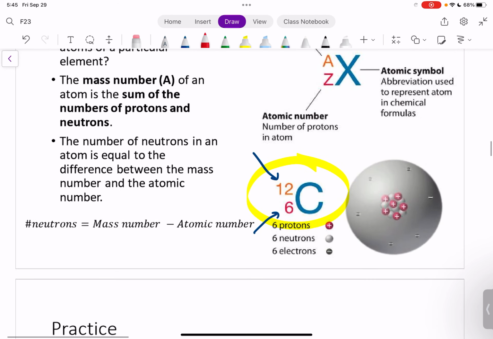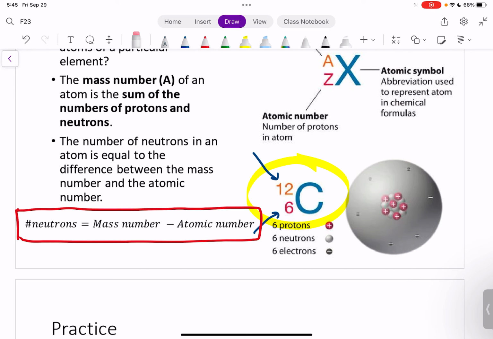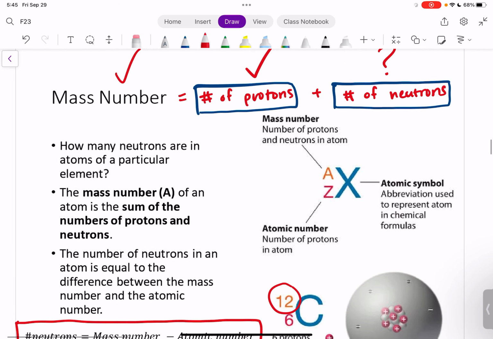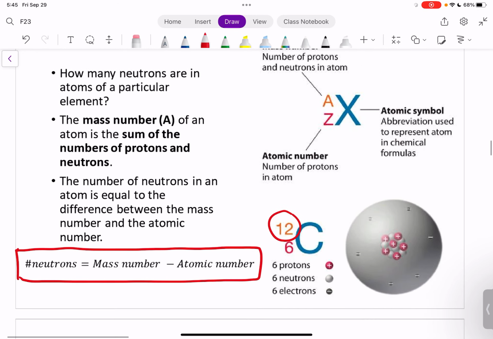So that's what I have here for you. I've rearranged that equation up above to show you how to solve for the number of neutrons. The idea is you're going to take the mass number, and if the mass number is the number of protons plus the number of neutrons, for carbon, what is the number of neutrons?